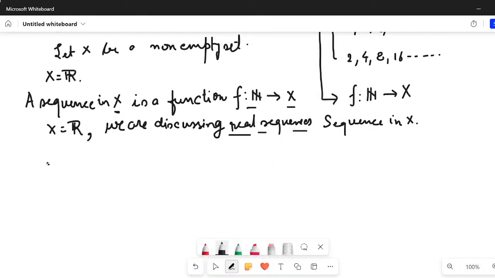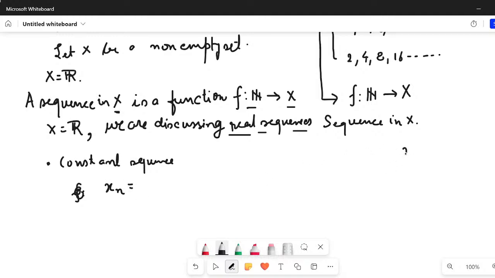For example, one of the sequences, an easy example, is a constant sequence. What do I mean by a constant sequence? Let's say this is how I describe my sequence.